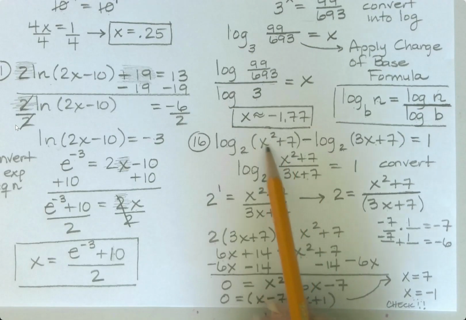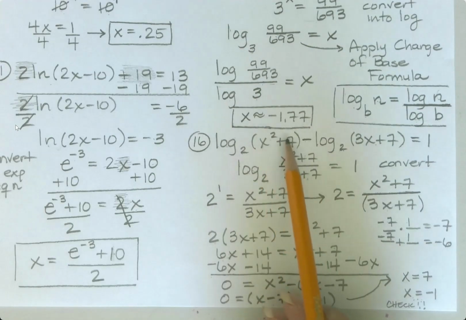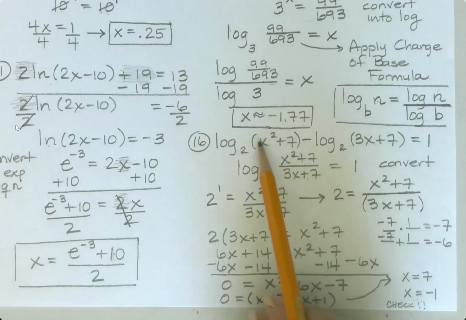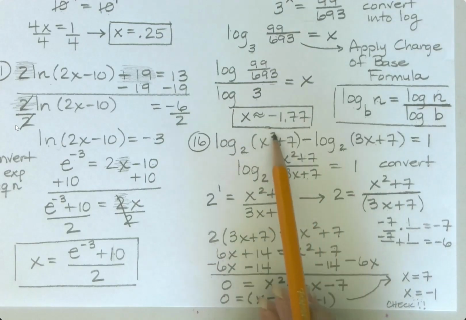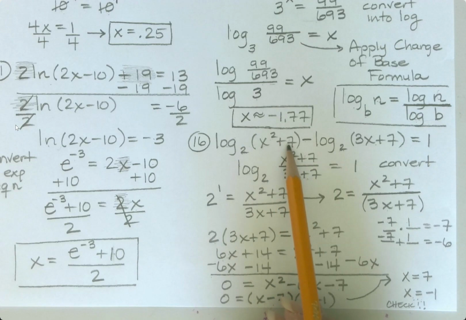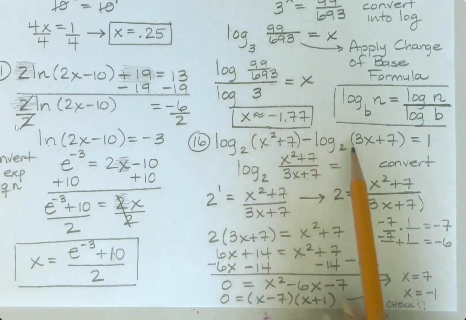7. If I put 7 in this parentheses right here, I need to make sure that this answer is a positive answer and that it is not 0. So let's plug in 7 here. 7 squared is 49. 49 plus 7 is 56. So that works.